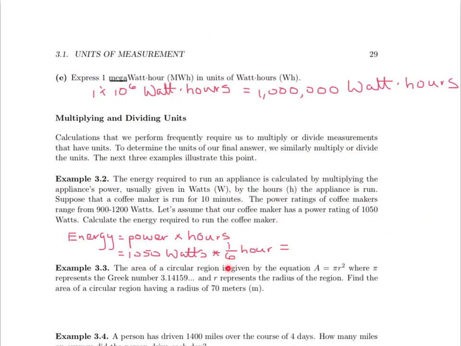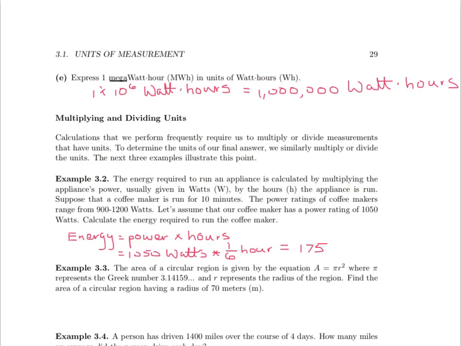Multiplying by 1/6 is the very same thing as dividing by 6. So if you take 1,050 and divide it by 6, you ultimately arrive at 175.